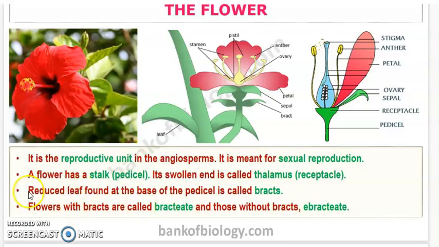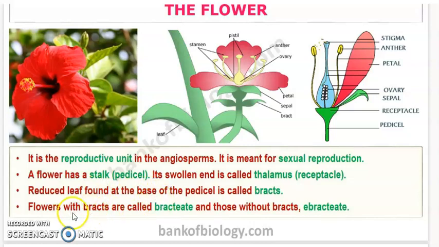They are reduced leaves, smaller leaf-like structures. These reduced leaves found at the base of the pedicel are termed bracts. This reduced leaf is not found at the base of the pedicel of all flowers.